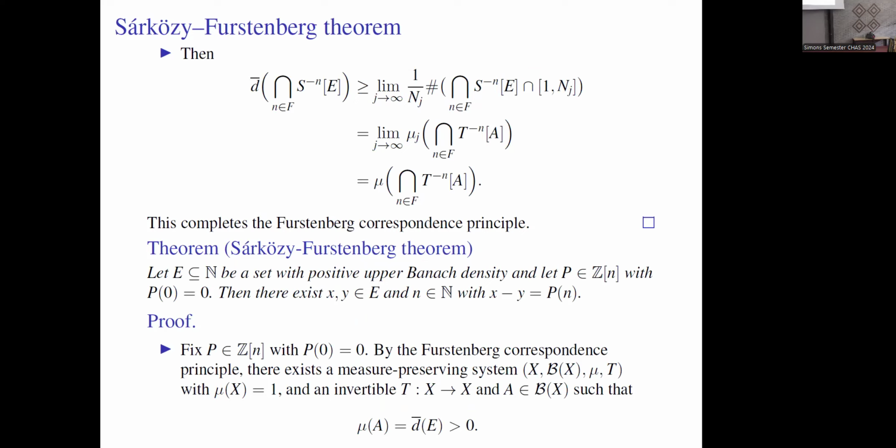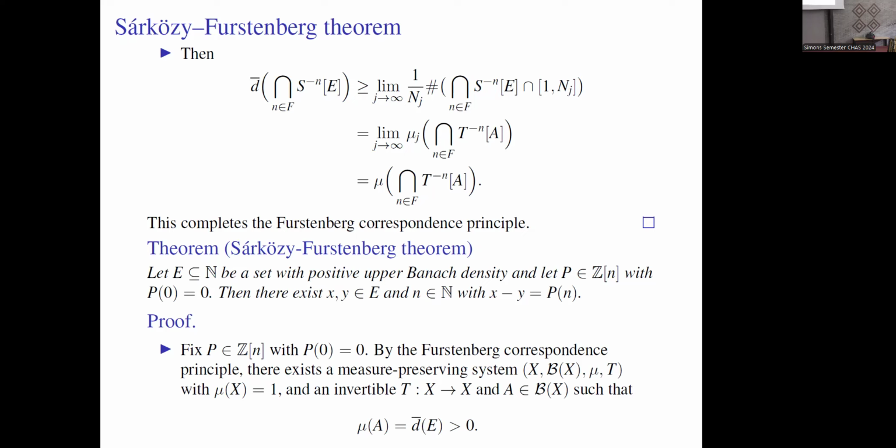deduce Sarkozy-Furstenberg, which is a result of this form. And in order to do this, first we fix our polynomial. By the Furstenberg correspondence principle, there exists a probability space and an invertible measure preserving transformation. In fact, this proof shows that T can even be taken invertible.